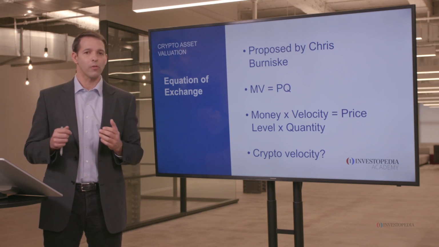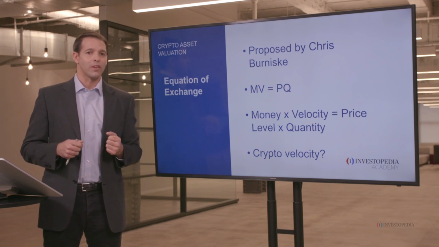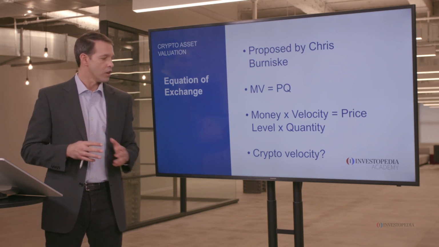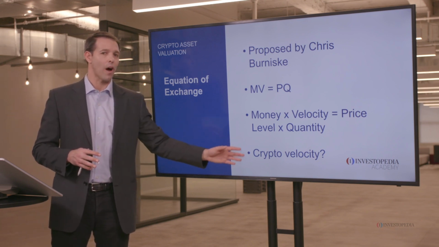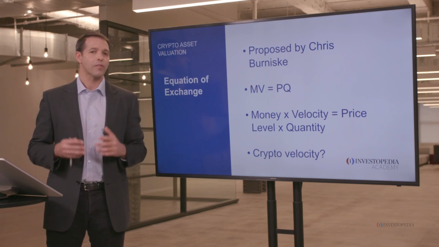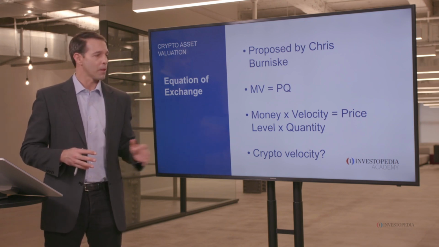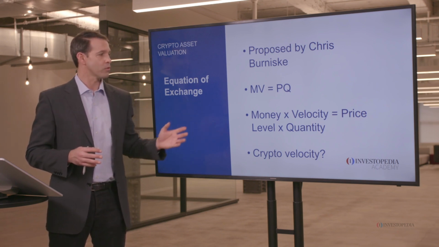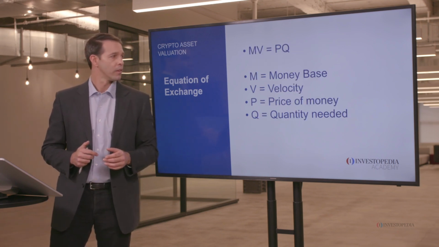Now we know in the US markets with the dollar, you can't spend it as quickly as you can spend things online in the digital space. So crypto velocity is not widely understood, and in order to use this equation of exchange, you have to make some pretty big assumptions. But let me walk you through this to see how it could possibly be something that values how much a crypto asset is worth.